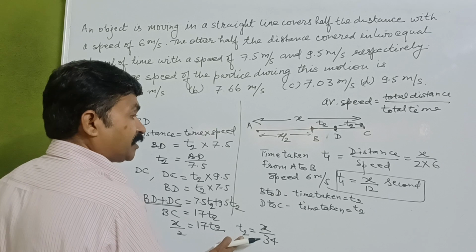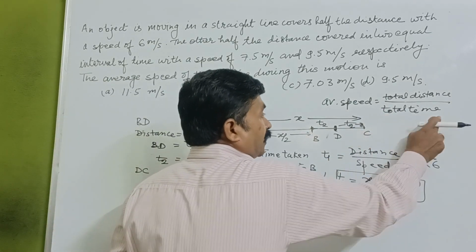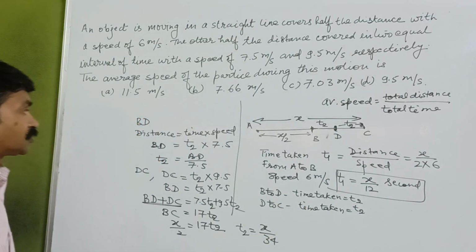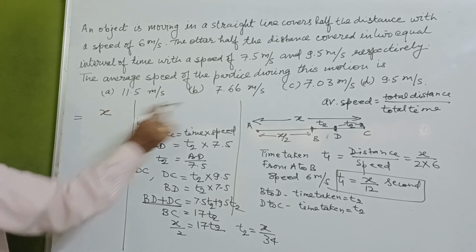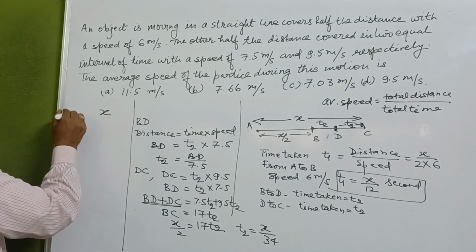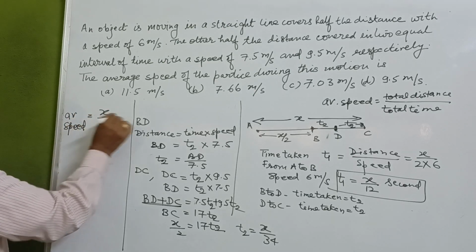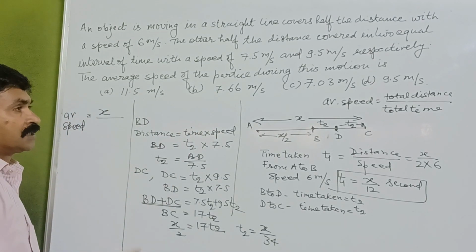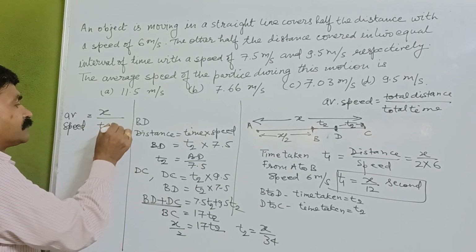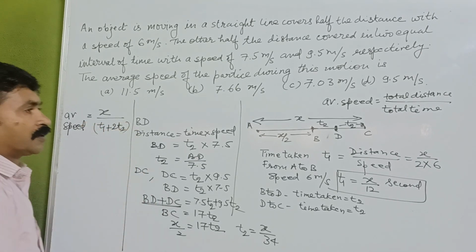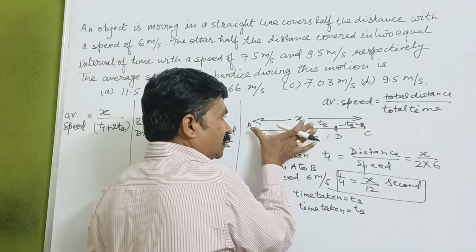Now we have T2 and we have T1. The total time will be the addition of these two. The total distance is x. For the average speed, it is x, the total distance, divided by the total time, T1 plus 2 times T2, because it has taken T2 plus T2, and this is T1.